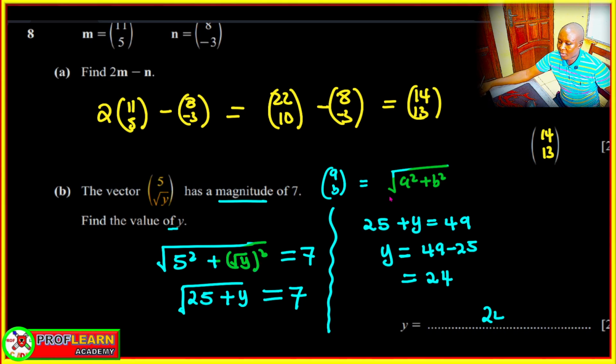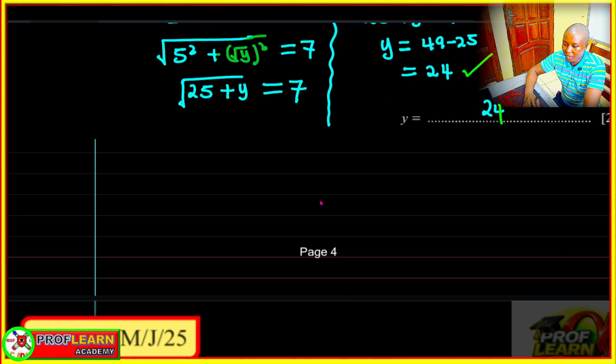And then we square both sides, and we are going to have 49. So we shall have 25 plus y equals 49. Take 25 to the other side, and that is going to be 24. So y is going to be 24. And that is exactly what we expected to do in that question.